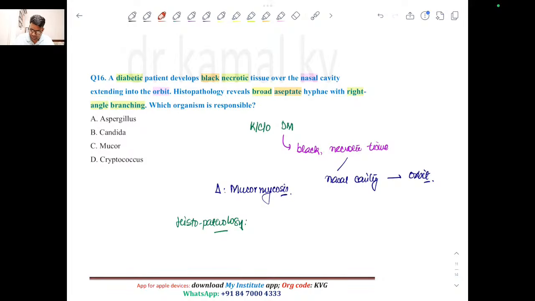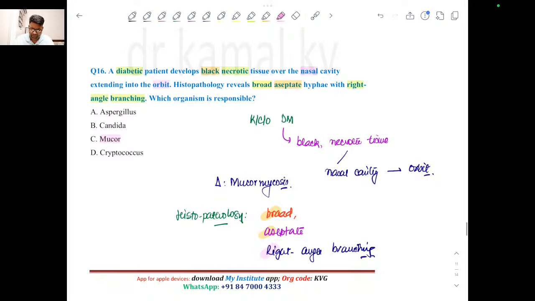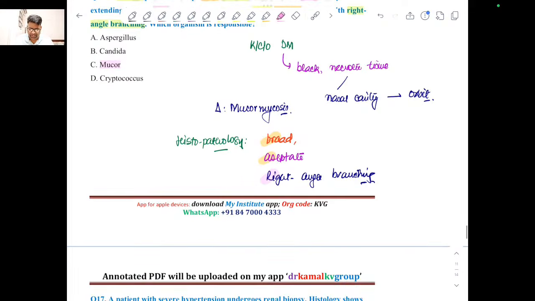So, histopathology is showing you broad, aseptate and right angle branching. Clear? So, please remember this: broad, aseptate and right angle branching, go for mucor. Clear? Very good. So, everyone is right. This is one very favorite question for exam setters.